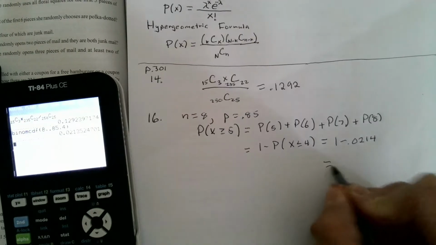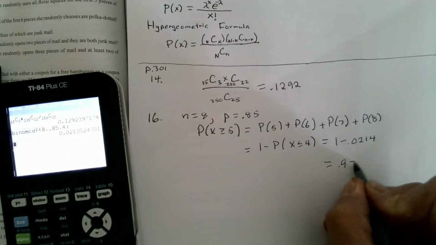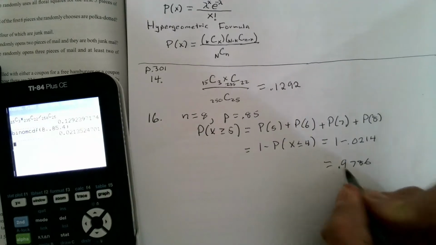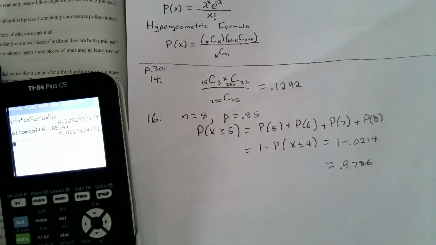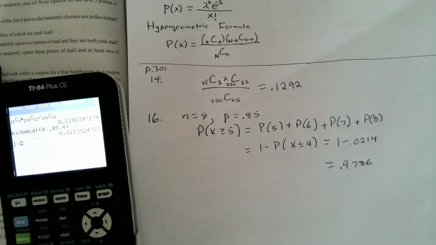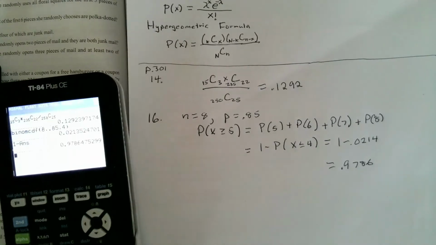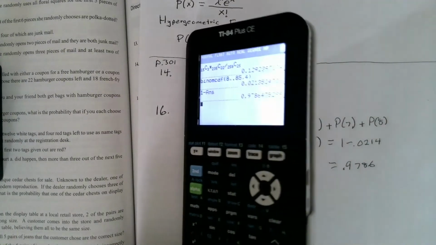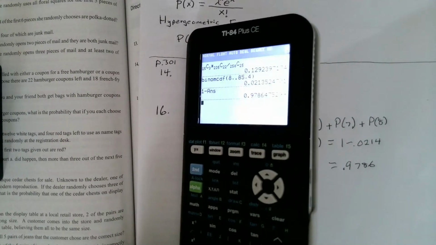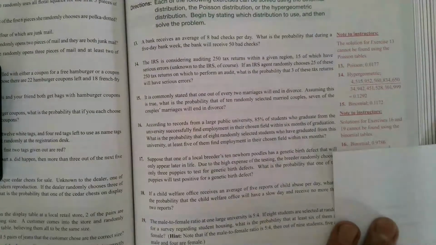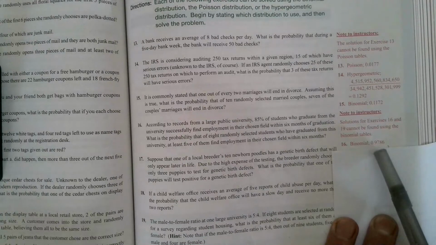And that will give us 0.9786. Which is correct, 0.9786. And let's see what the answer is on the answer sheet. 0.9786.